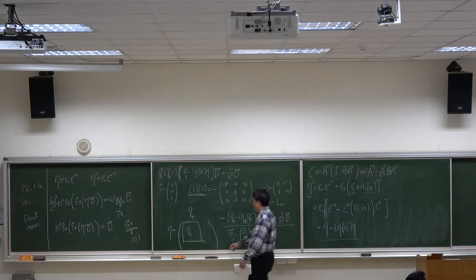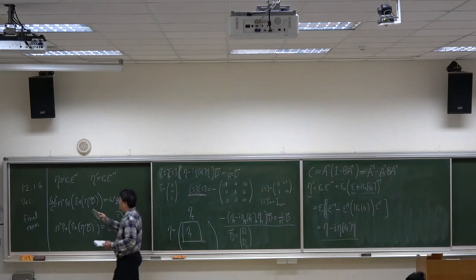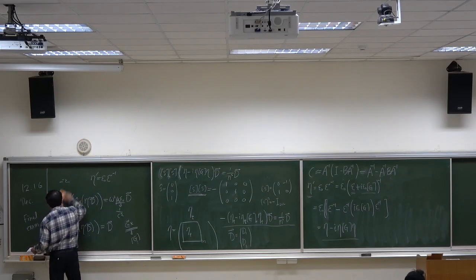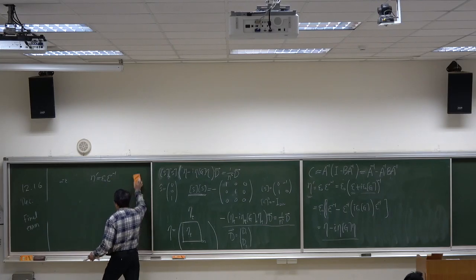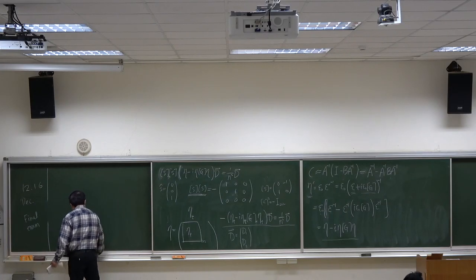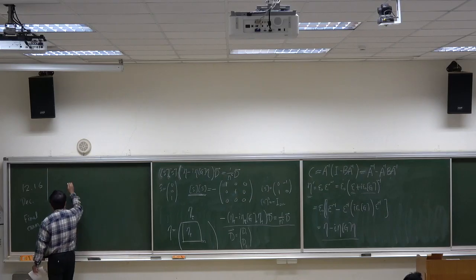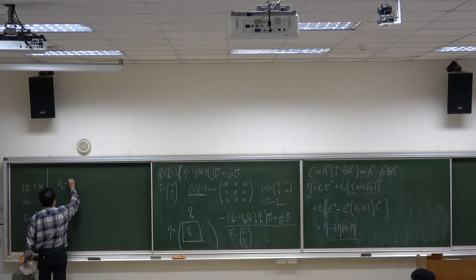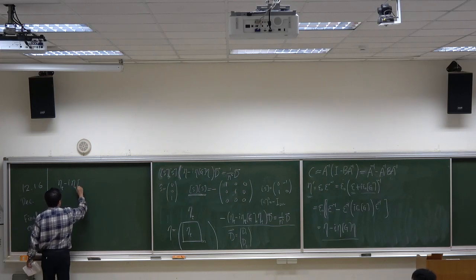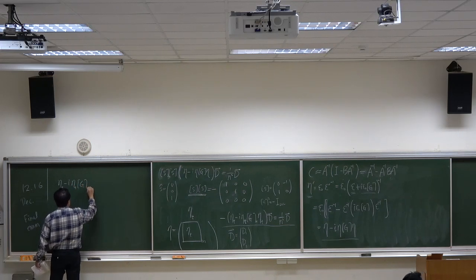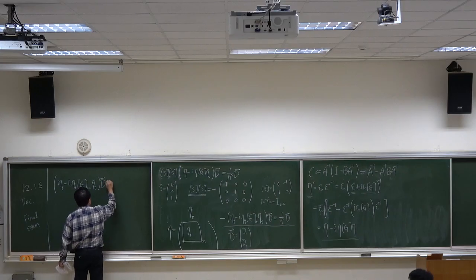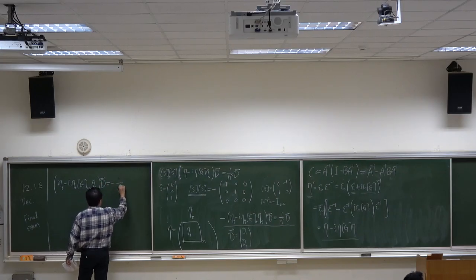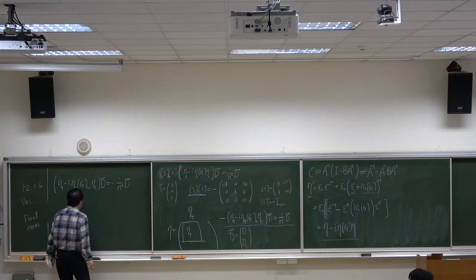And so you can write this result as eta t minus I eta t g 2 by 2 eta t times d is equal to minus 1 over n squared times d.